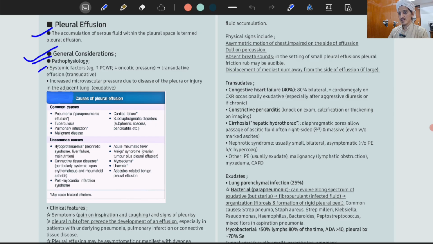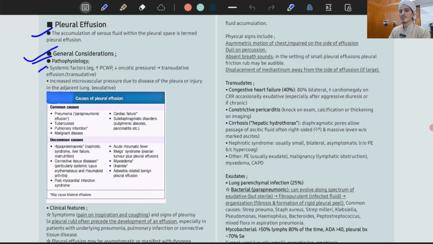We know that the formation of pleural fluid is dependent upon Starling's forces, which we have learned in physiology. Whether lymph fluid, pleural fluid or pericardial fluid, Starling forces act to balance the production of these fluids.